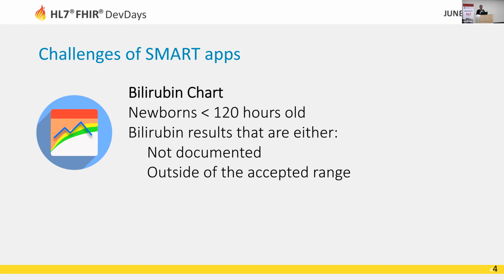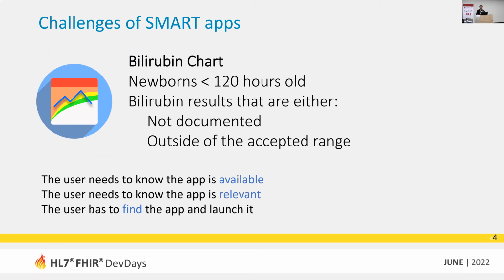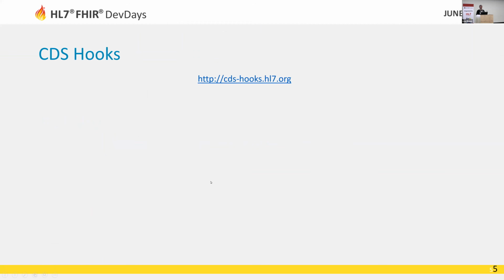So the bilirubin chart works with newborns that are less than 120 hours old. It's the only time that this application is used, and it's looking for results that are either not documented or outside of the accepted range.